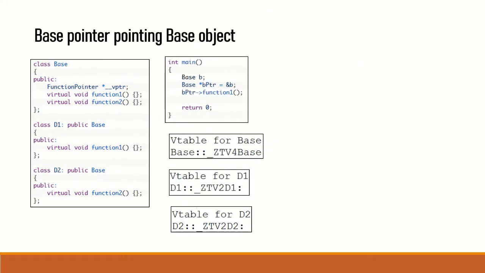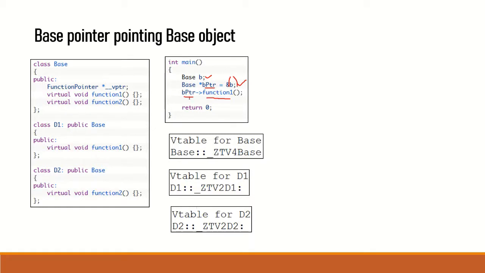Now let's see another example. In this case, a base class object is created and the base class pointer is pointing to the address of the base class object. And now we are calling fun1 using bptr. To resolve this function call, it's going to check the virtual table of the object pointed to by bptr.